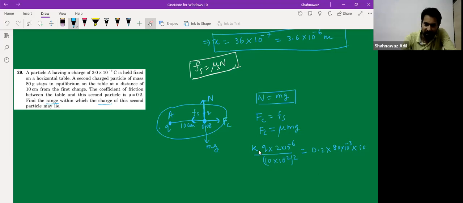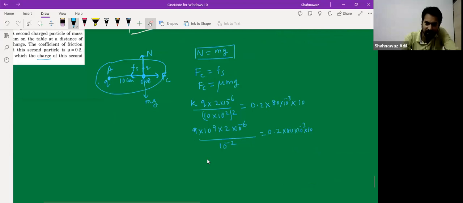Okay, guys. So K is 9 into 10 to the power 9, right? Into 2 into 10 to the power minus 6, divided by 10 into 10 to the power minus 2 square, and this is 0.2 into 80 into 10 to the power minus 3 into 10.